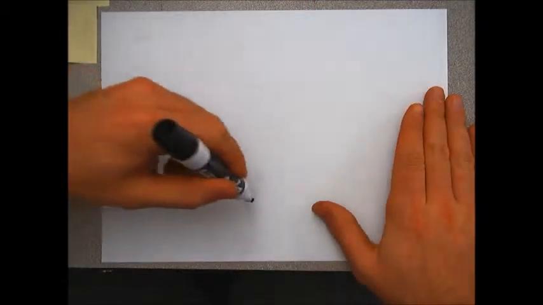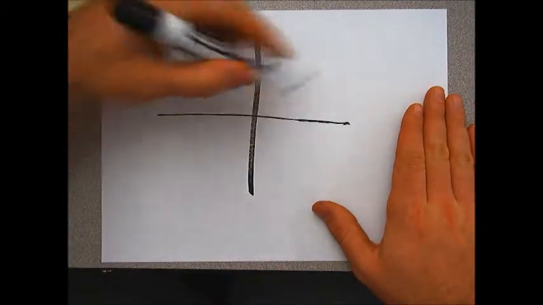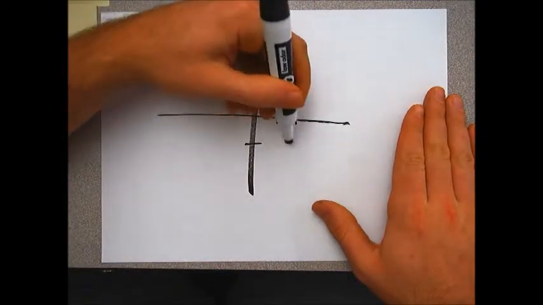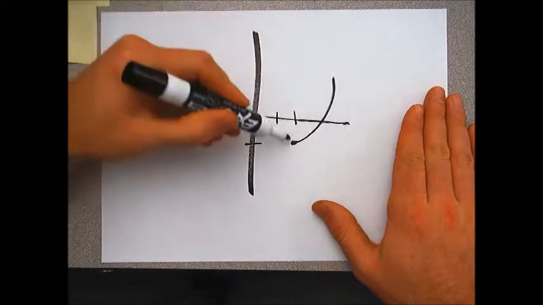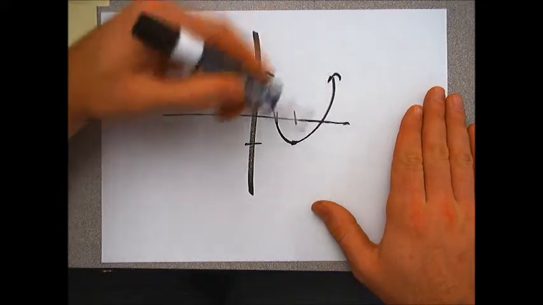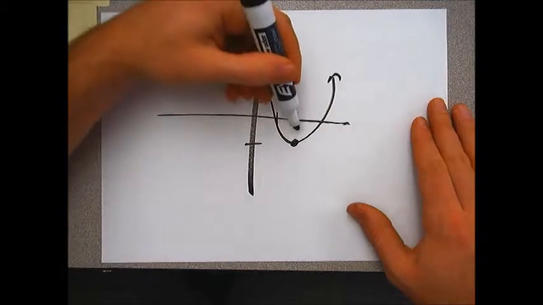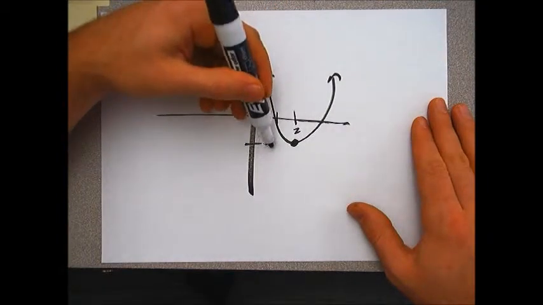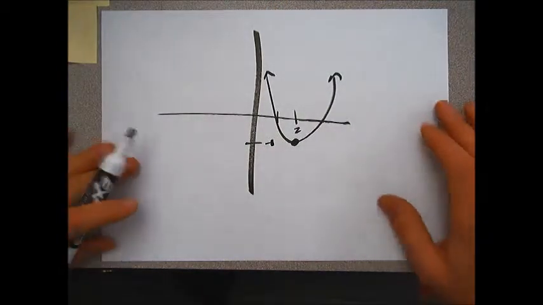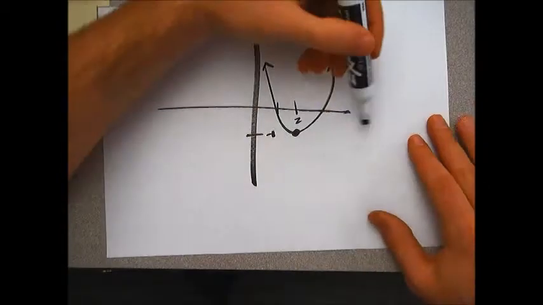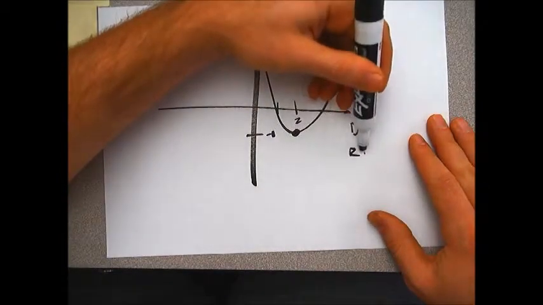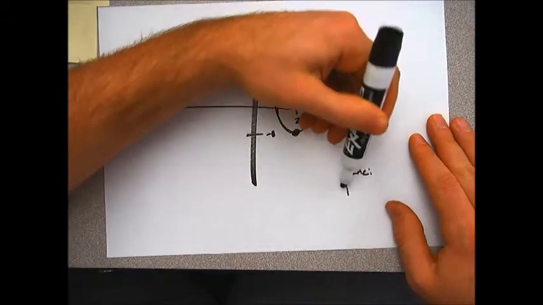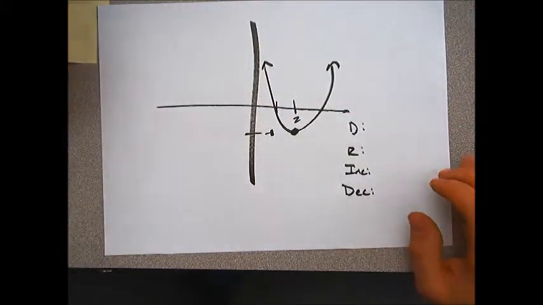Okay, for the fourth one, we're going to look at domain, range, increase, and decrease. Let's just say that we have the following parabola, and this is at 2, and we'll say that's negative 1. We want to talk about the domain, the range, the increase, and the decrease.